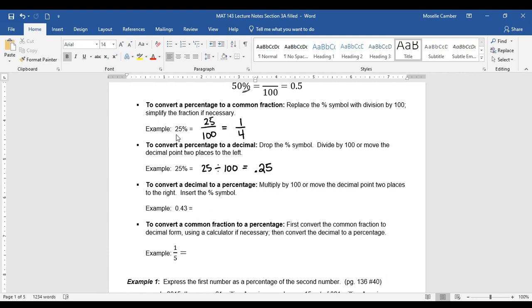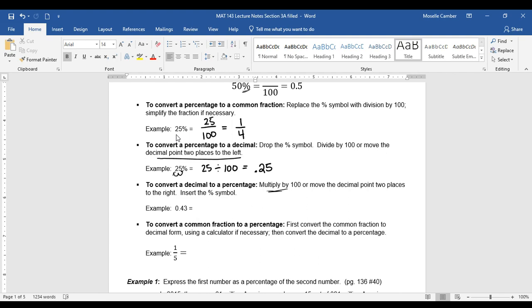Because all of our place values are powers of 10, and 100 is a power of 10, all that means is you're moving the decimal point 2 places to the left. So if it started here, 1, 2 over to get 0.25. The reverse way, if you're going from decimal to a percentage, you multiply by 100. Decimal is a smaller number, percentage is a larger number, so from decimal to percentage you multiply by 100.